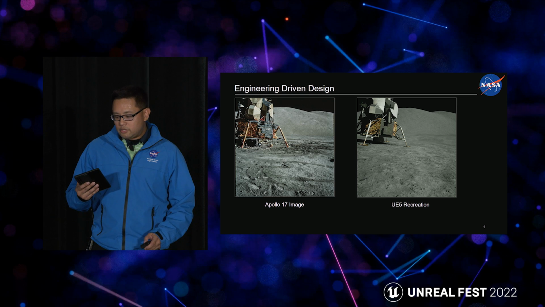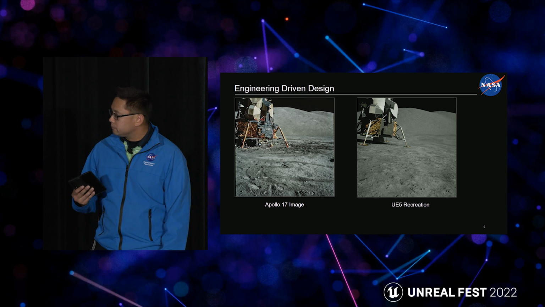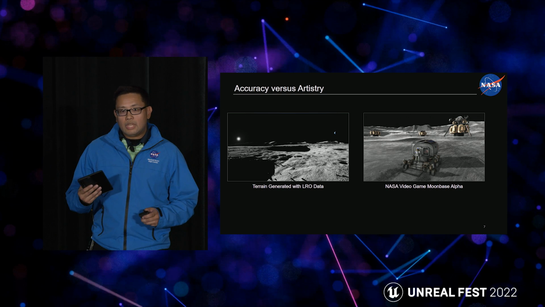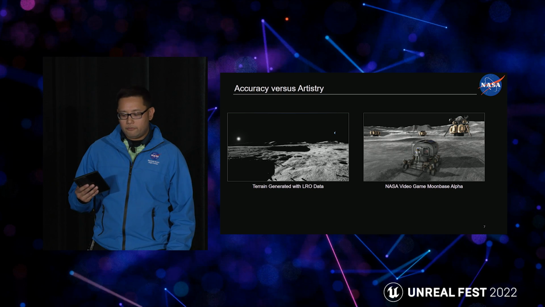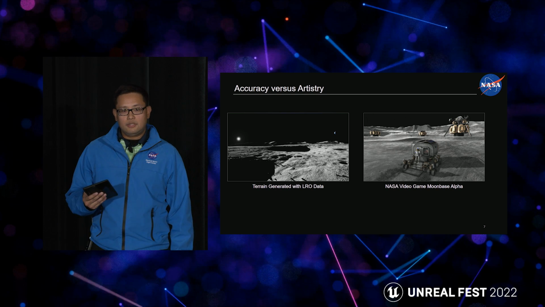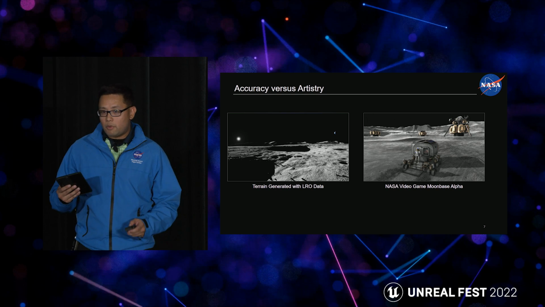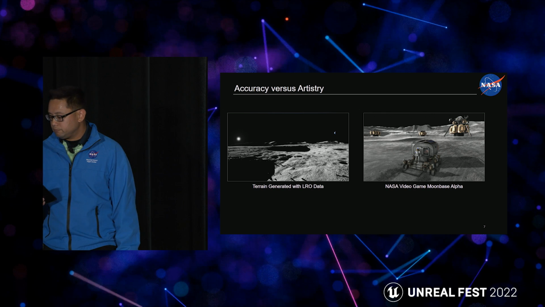And we use those to determine if our representation of the lunar surface is accurate. And this accuracy versus artistry is where we typically diverge from game-focused applications. We prioritize traceability, accuracy, and fidelity as we develop our models and sims.